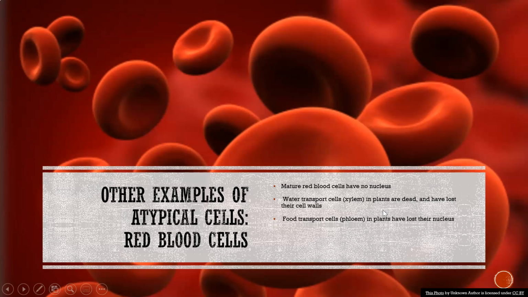Food transport cells in the phloem of plants have lost their nucleus so that they can allow more food to transport through. And the epidermal cells in mammals, so the cells on the surface of the skin, have lost their cytoplasm and their nucleus because there's no need for them. So these are four other types of cells that are atypical, the red blood cell being my focus there.